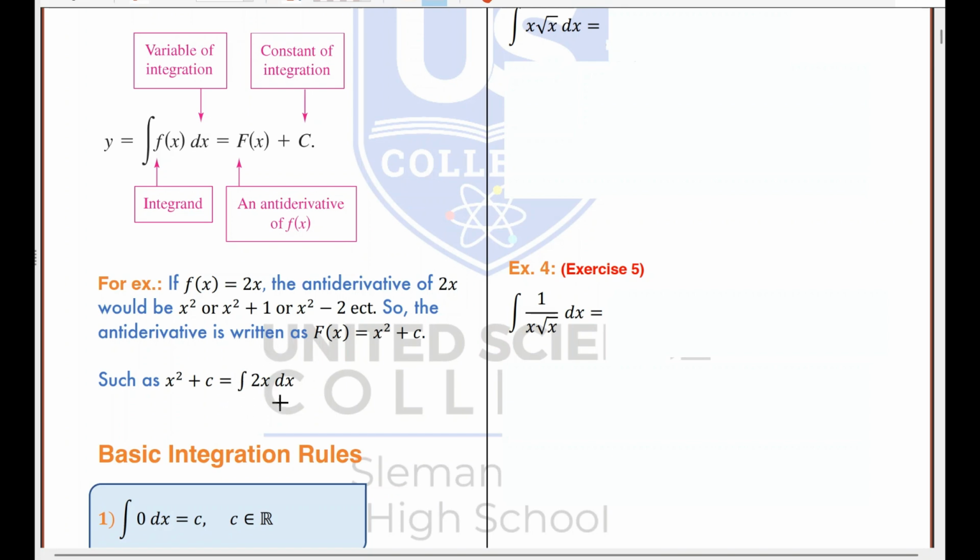Whatever we are writing inside the integral symbol is the derivative. dx is equal to the antiderivative, the function before taking derivative. What was the function before taking derivative of 2x? It was x squared. Since the constant can be anything, because taking derivative of any constant results in 0, we have to add c. All right.